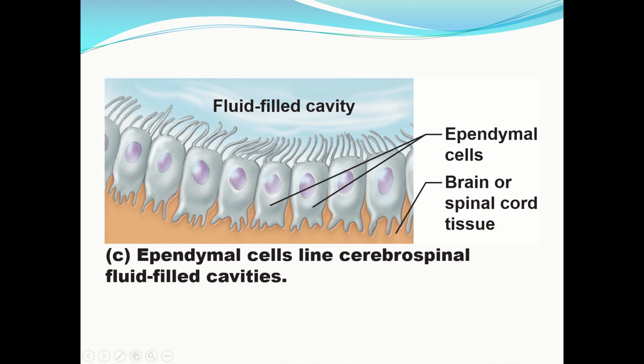And they are what actually produce and then circulate cerebral spinal fluid. And of course, cerebral spinal fluid is mostly water. It will contain ions and the necessary nourishment for the neurons and other neuroglial cells. Cerebral spinal fluid also provides buoyancy to the brain and spinal cord, helping to decrease the pressures put on it.